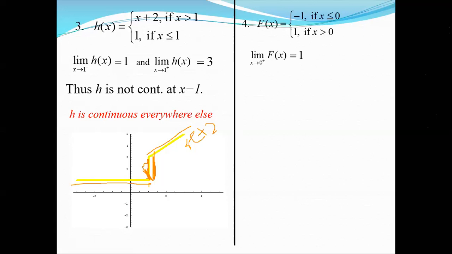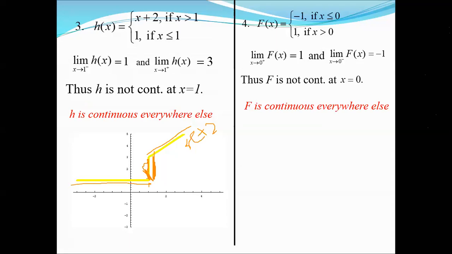Okay, and for the left hand limit of f of x, that is from the left hand side of 0, the value of function is minus 1, so its limit is minus 1. So again the function is discontinuous at x equal to 0, because the left hand limit is minus 1 and the right hand limit is plus 1. So again f is not continuous at x equal to 0.